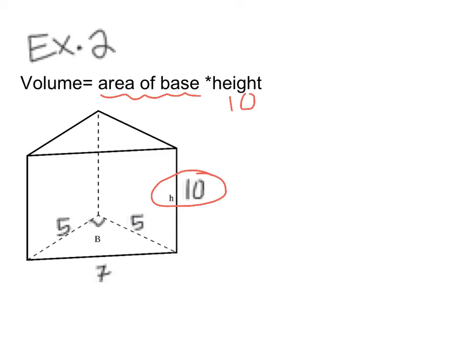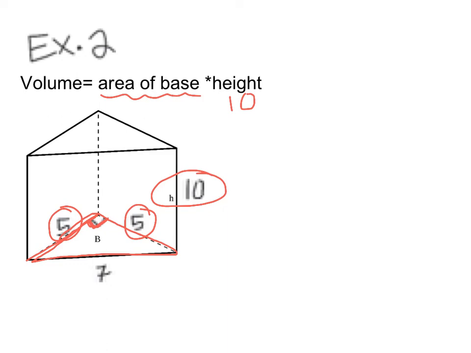So now I need to find the area of one of the base triangles here. And it's been labeled as a right triangle here, which means that to find the area of the triangle, I need to use the 2 sides that form that right angle.